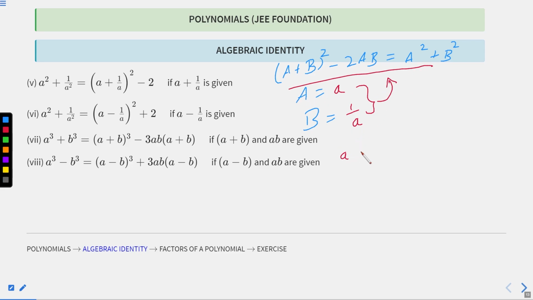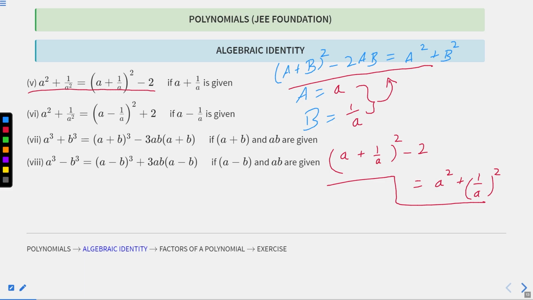I will get a plus 1 upon a whole square minus 2 times a times 1 upon a is equal to a square plus 1 upon a square. So this will get cancelled and only 2 remains. So this is my fifth identity. I hope this is clear.